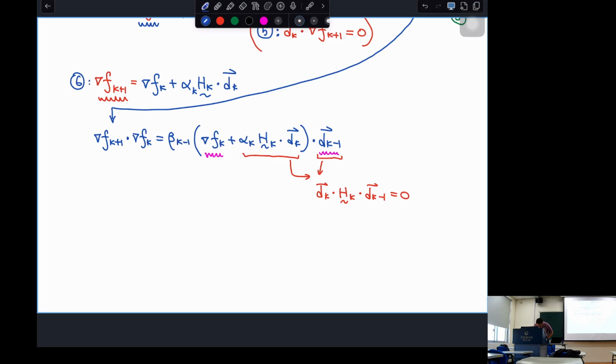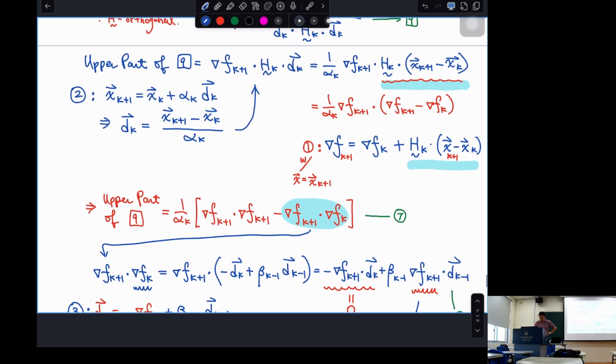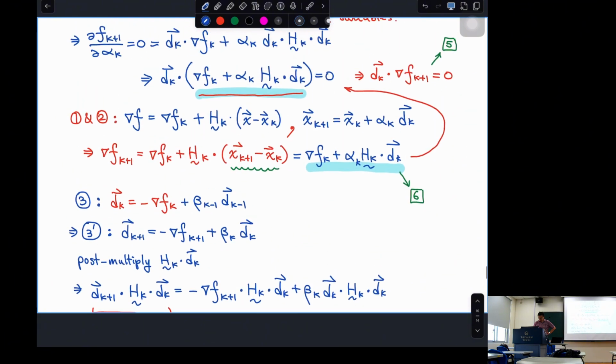So let's write down what's remaining. Beta k minus 1 gradient f k dot dk minus 1. So what can we do to rewrite it? We use equation 5 again.